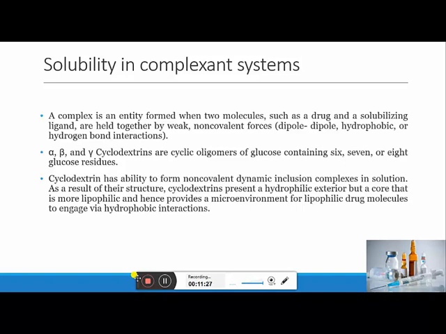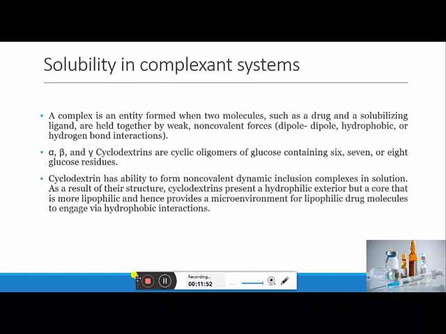Cyclodextrin has three derivatives, alpha, beta and gamma, which consist of cyclic oligomers of glucose containing 6, 7 or 8 glucose residues. That makes its exterior hydrophilic in nature and its interior core lipophilic in nature, and because of that it improves the solubility of the drug in an aqueous vehicle.